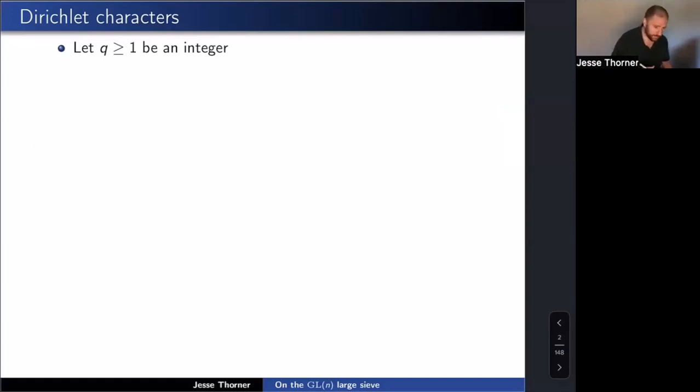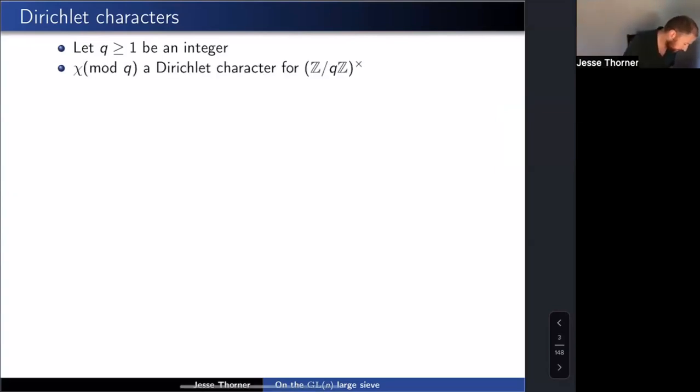So the large sieve was something that was originally proved for characters, for abelian characters. So I'll state the version that was established for Dirichlet characters. So for positive integer q, I let chi mod q be a Dirichlet character for the group z mod q z star.